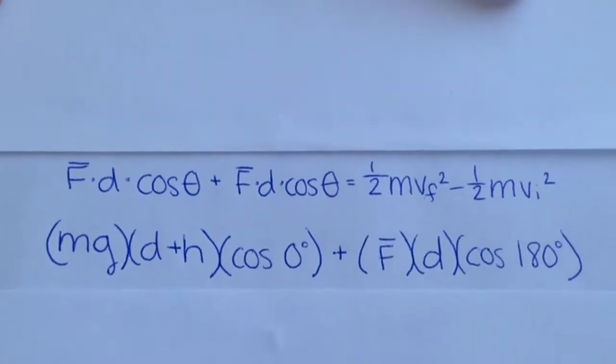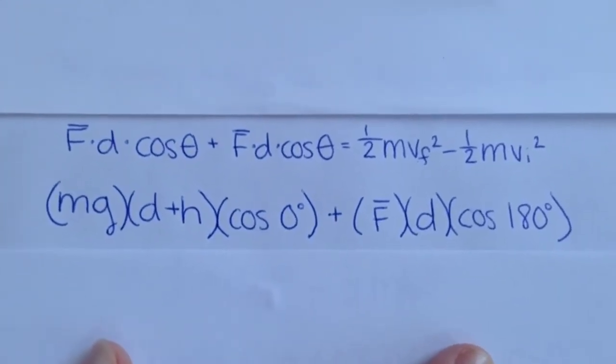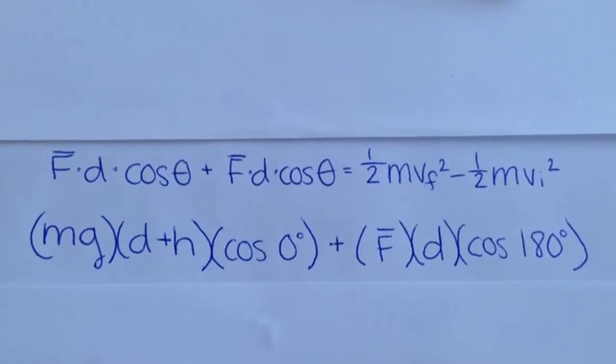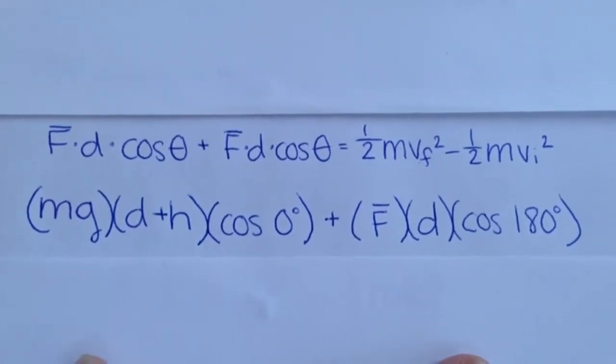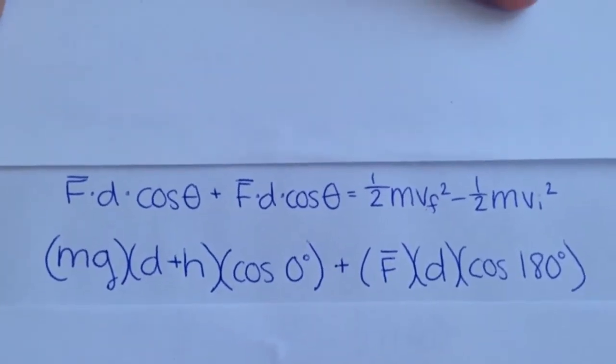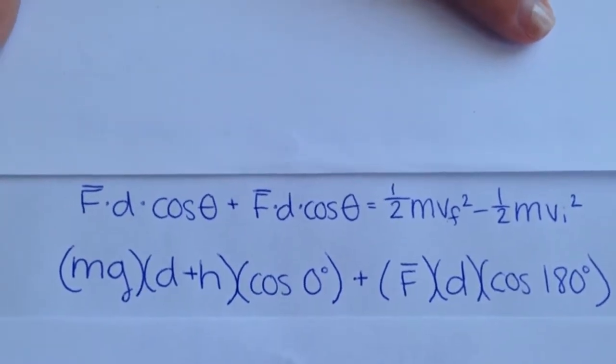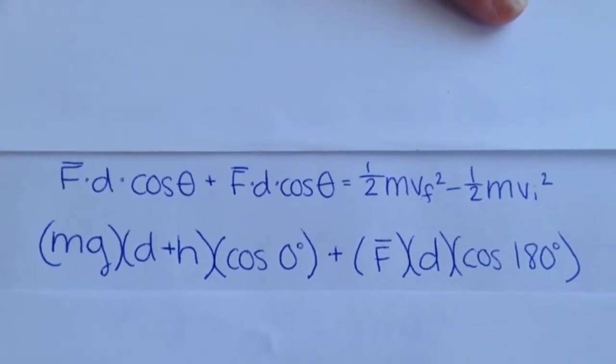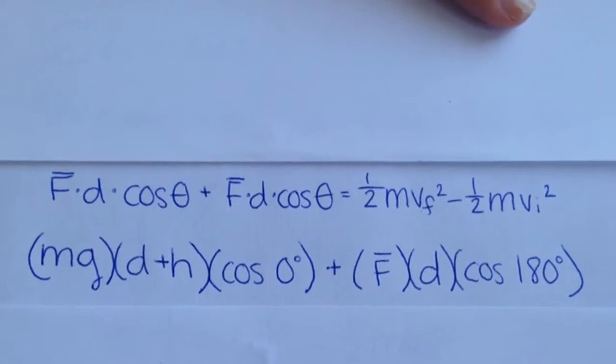The work of gravity is mass times gravity times d, the distance it falls, plus h, the height that it goes into the ground, times cosine of 0 since it's going down.